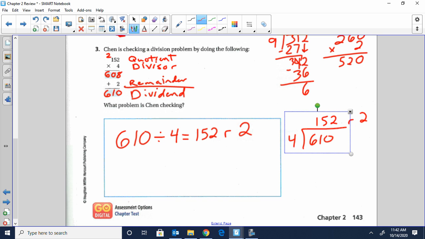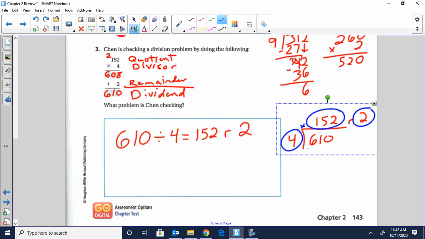And you always check it by taking quotient times divisor, add the remainder, and that gives you your dividend, which is what we did here on question number 3. So tomorrow on your test, and this is again from lesson 2.2, you can look back to that.